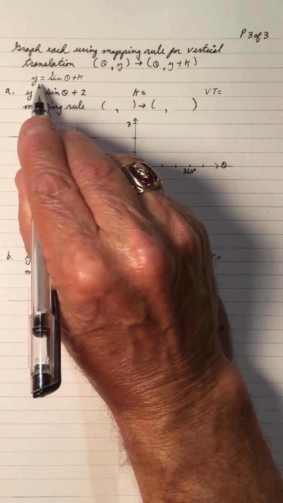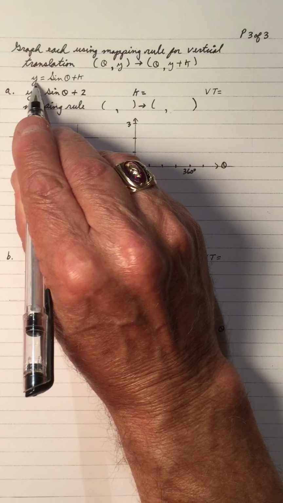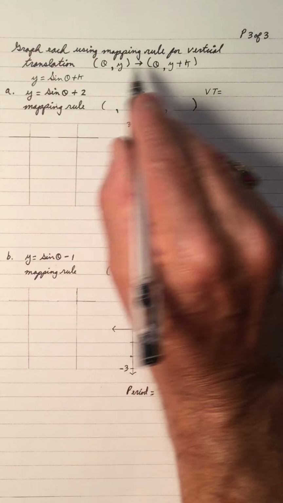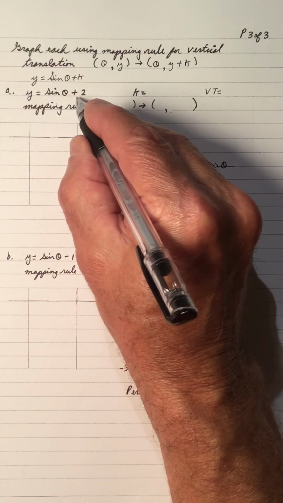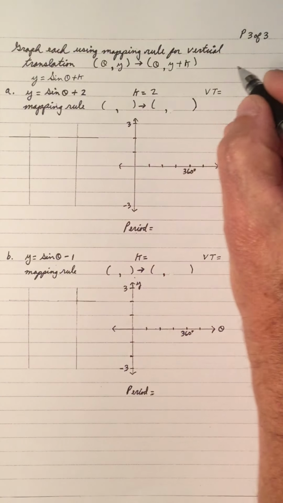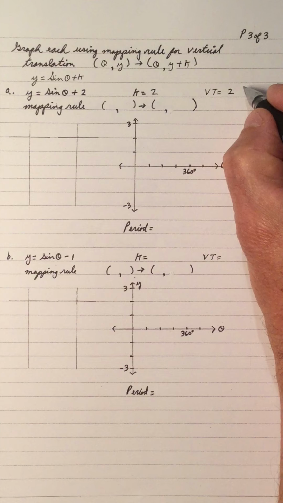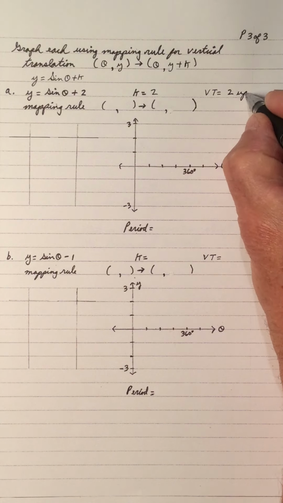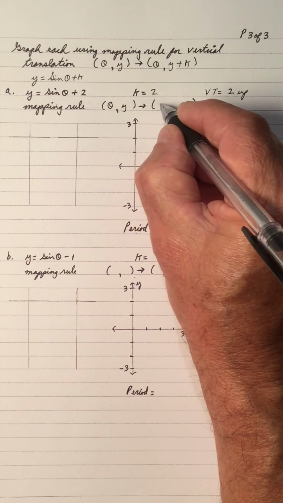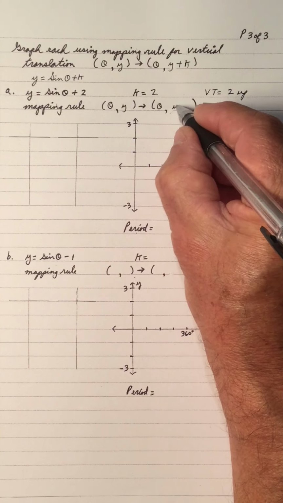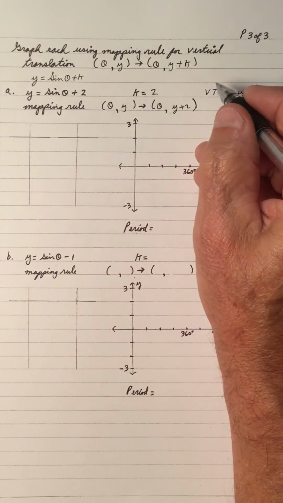And notice the equation is y equals sine theta plus k, so it's y plus k. And in here k is 2, so the vertical translation is 2, and notice it's just 2 up, and the mapping rule is theta and y plus 2, so we're adding on 2.